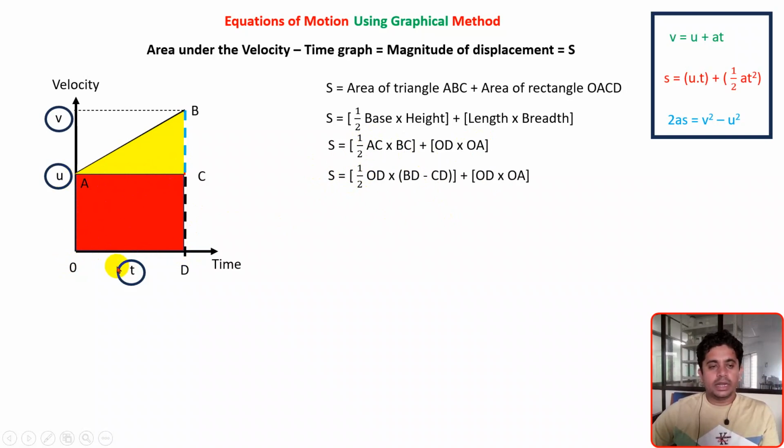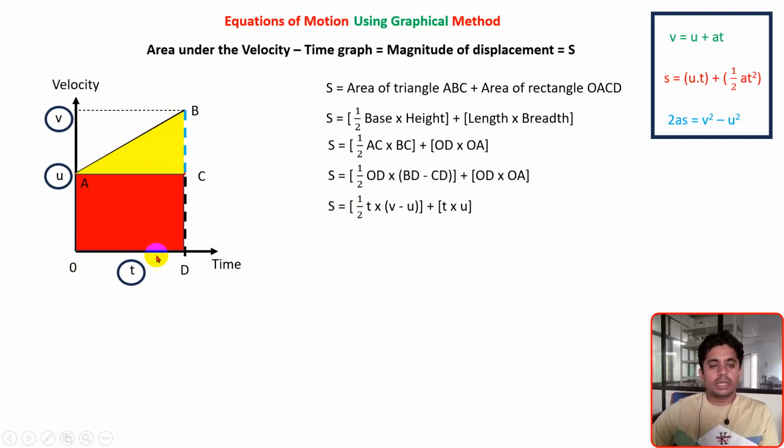Now, AC distance I can replace as distance OD. So AC here we have replaced by OD. Then BC, B to C distance is nothing but distance BD minus distance CD, plus OD into OA as it is. Now we will just replace with velocities and time terms.